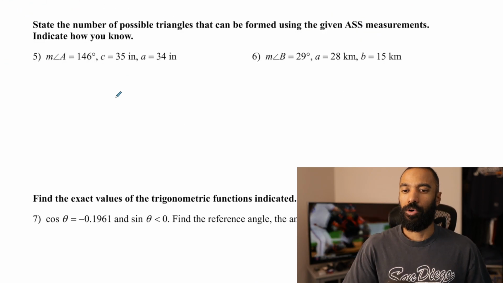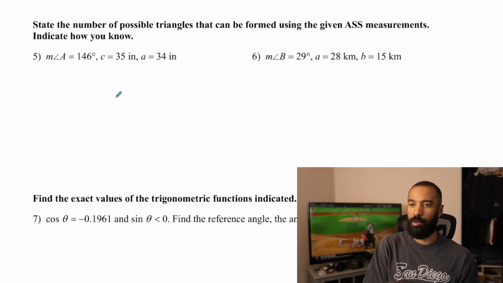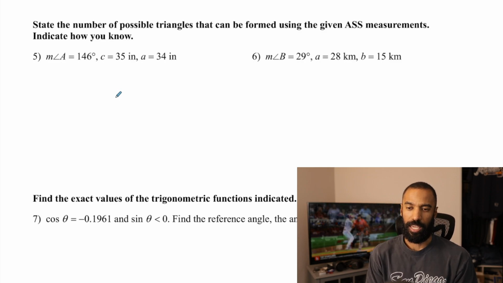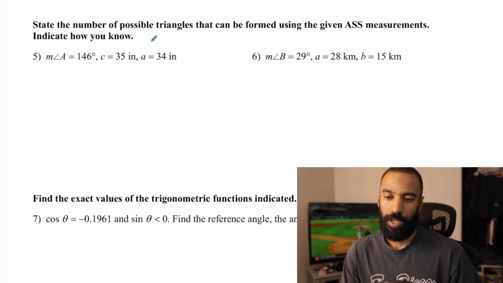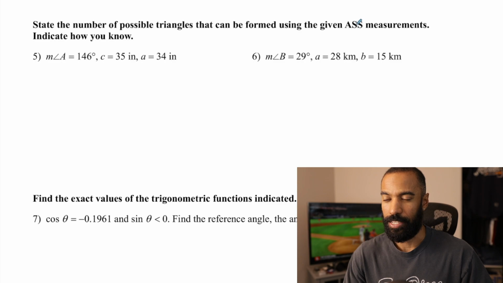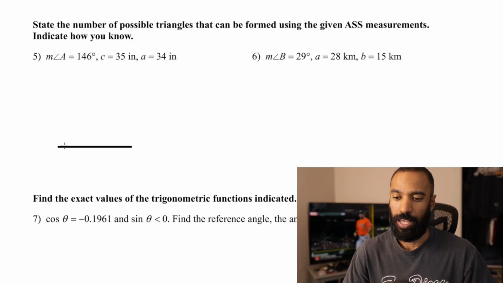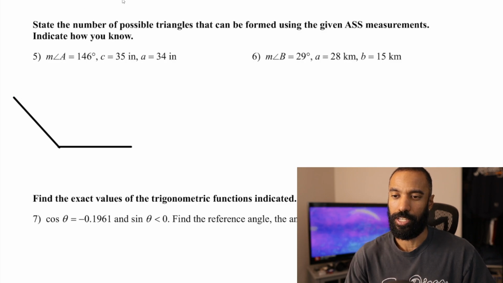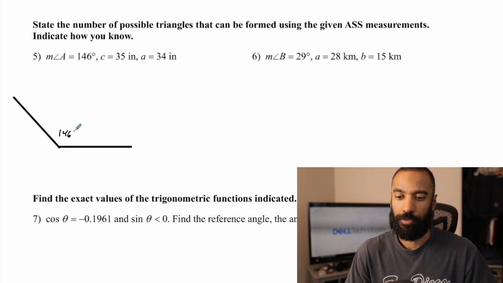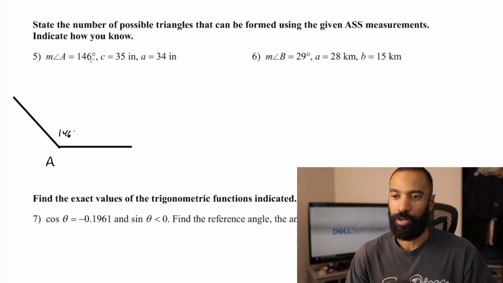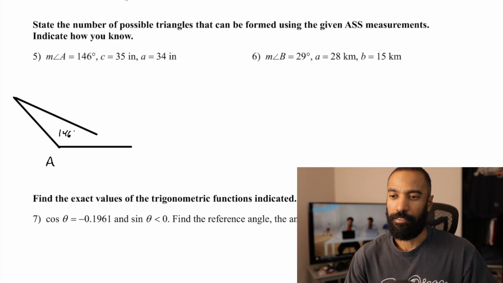All right, so now we're going to state the number of possible triangles that can be formed and indicate how you know. These are angle-side cases right here, where I have some sort of angle A, like this 146 degree angle A, and the side length opposite A is 34. Now 34 is not quite 35, right?